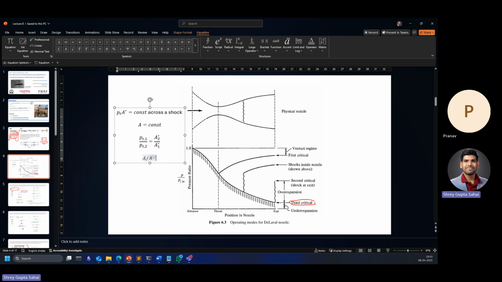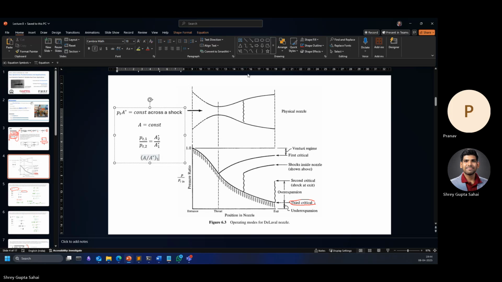A by A star, this value will be what? P total 1 by P total 2 again. This is fine, right? Yes, yes.